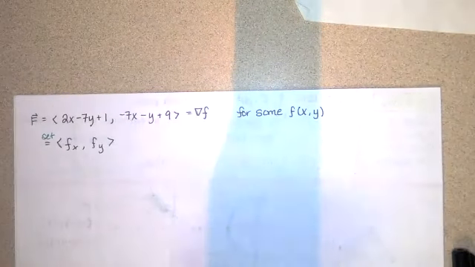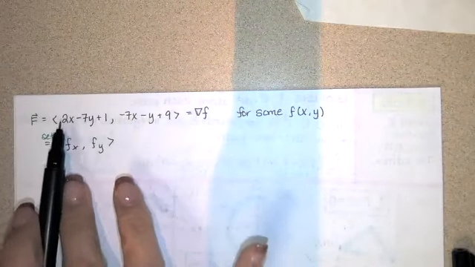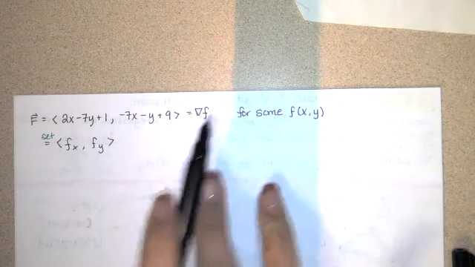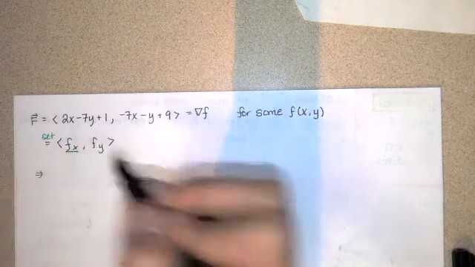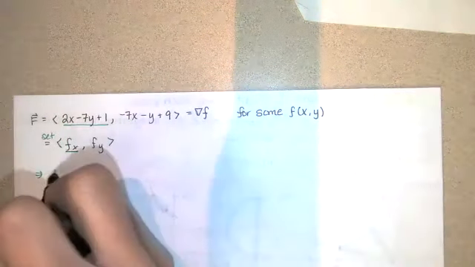One is the partial of little f with respect to x, and the other one is the partial of little f with respect to y. Now, these two vectors are equal if and only if their component functions are equal. So if this is my field and it has to equal the gradient of little f, then that tells me that the partial derivative of little f with respect to x has to be equal to that x component.